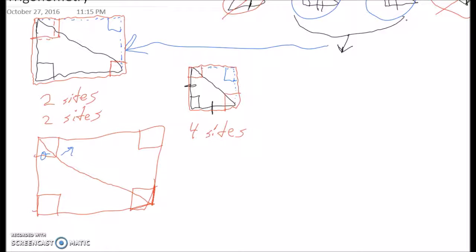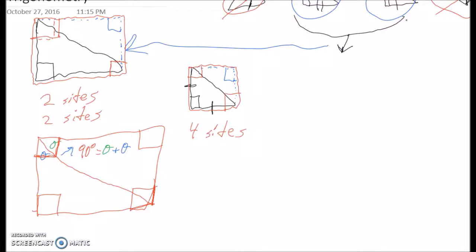But we know that this angle theta and this other angle theta somehow add up together to make this right angle in red, okay? So somehow 90 degrees equals theta plus theta, okay?